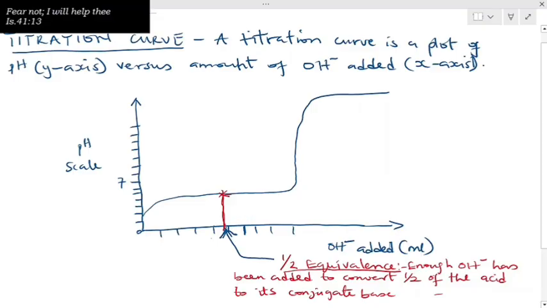At that half equivalence, you can trace this point to the pH scale. Let me do that in red again.